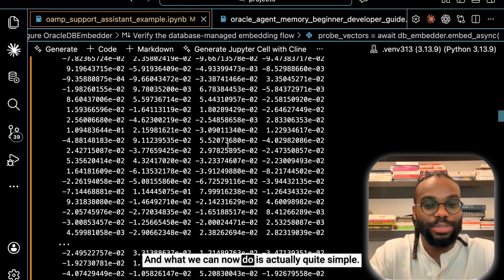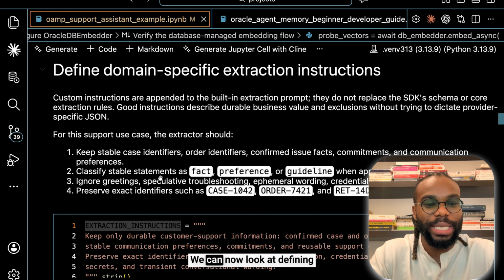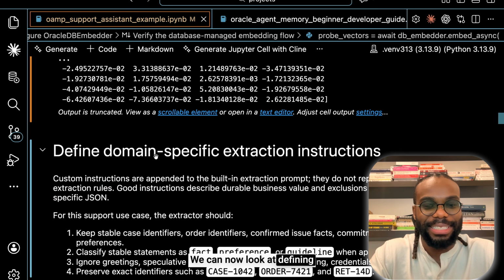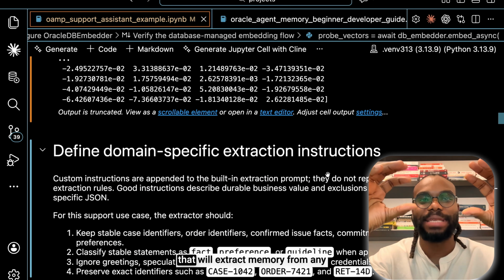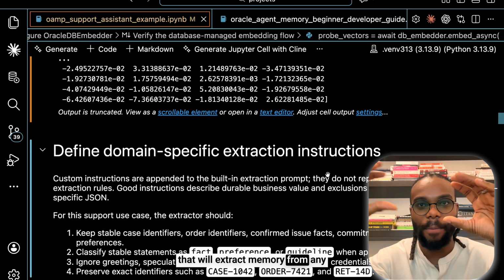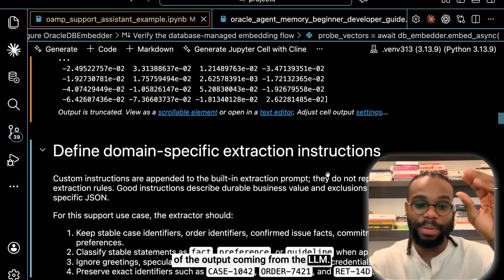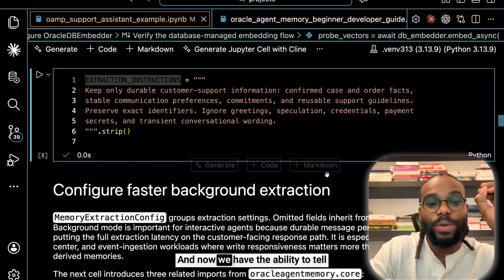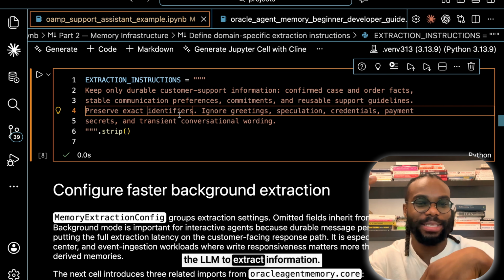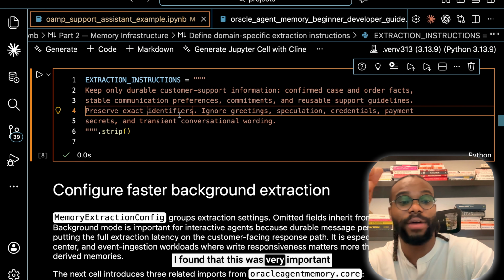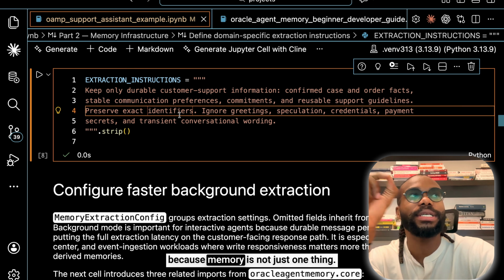And what we can do now is actually quite simple. We can look at defining the extraction instruction. Remember, I said we have the LLM that will extract memory from any of the output coming from the LLM. And now we have the ability to tell the LLM what information to extract. I found that this was very important because memory is not just one thing.